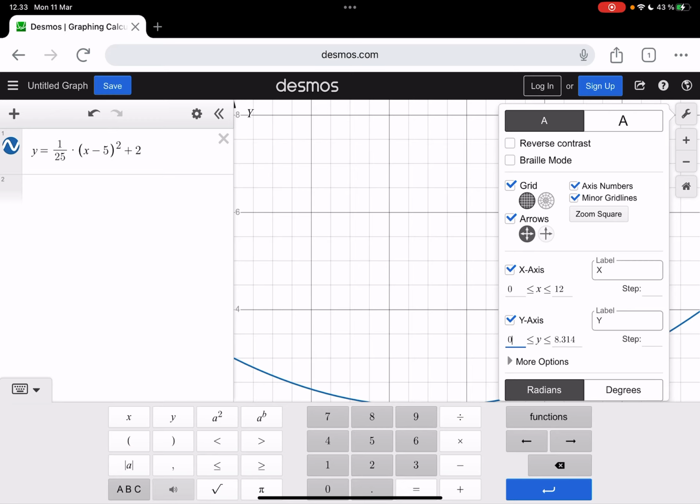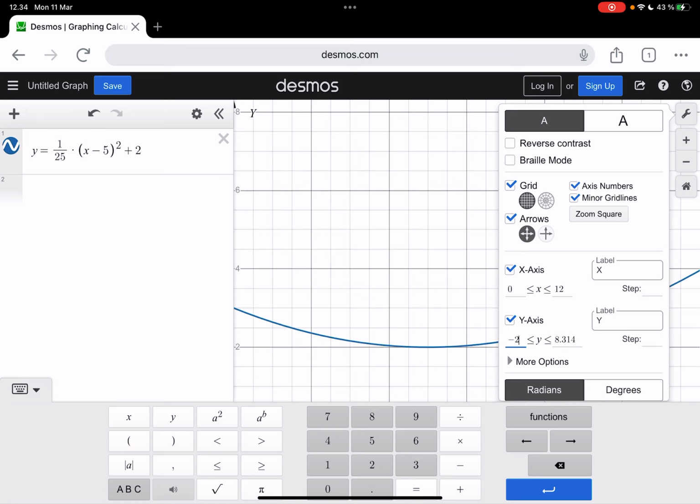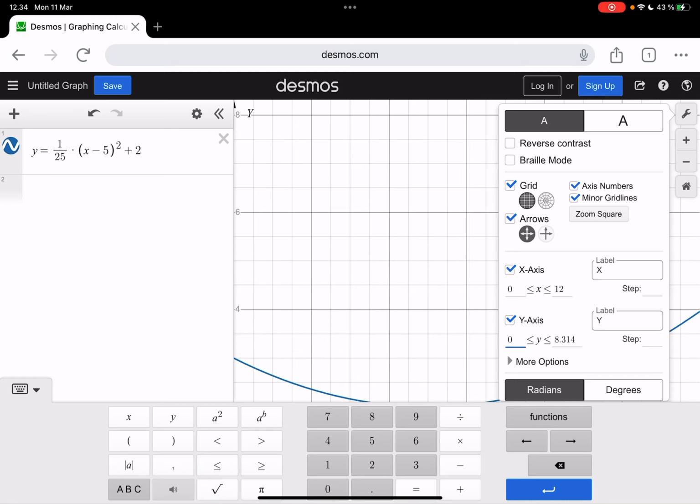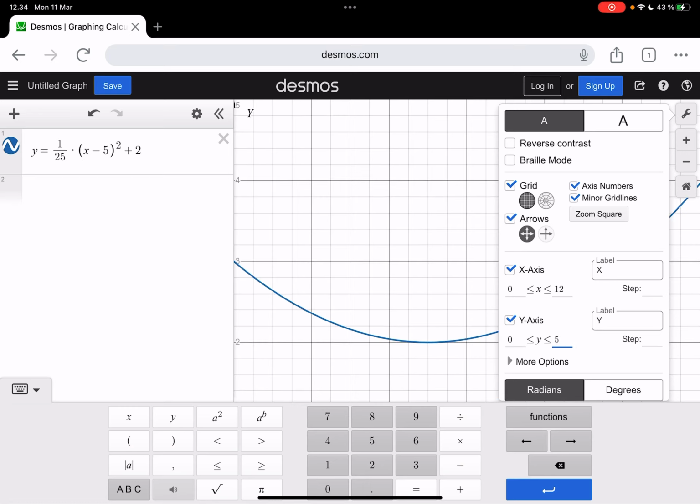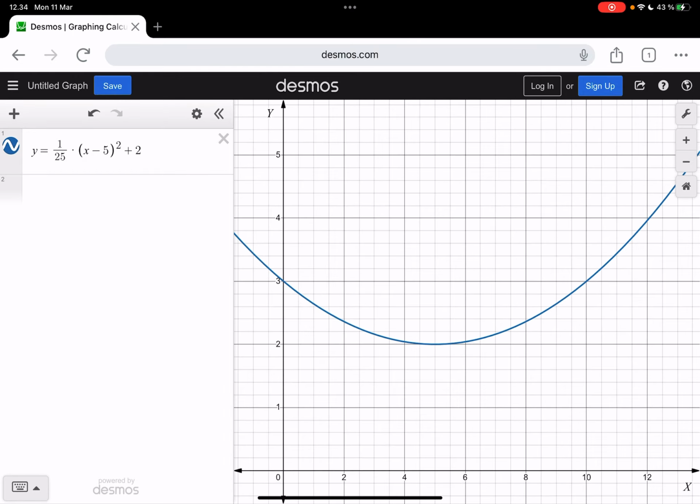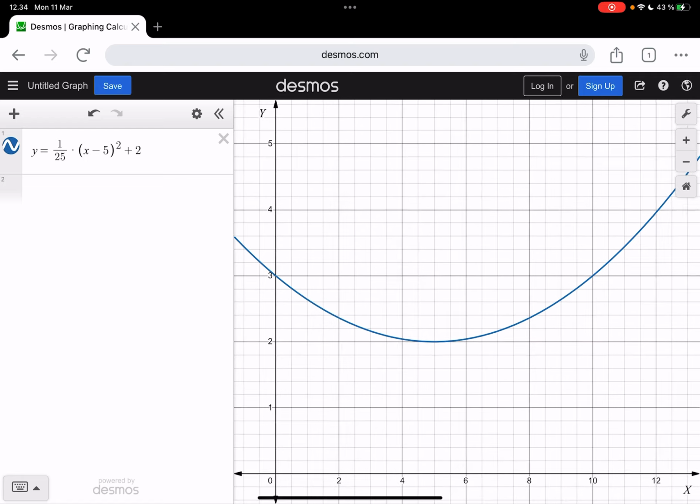Or if you want to put it above the river, just so you can have an idea, the river was at -2. I think it was 2 below. I don't remember. Let's put it from 0. That's okay. From 0, and let's put it to 5 meters maybe. Yeah, and that is how it's going to look like.